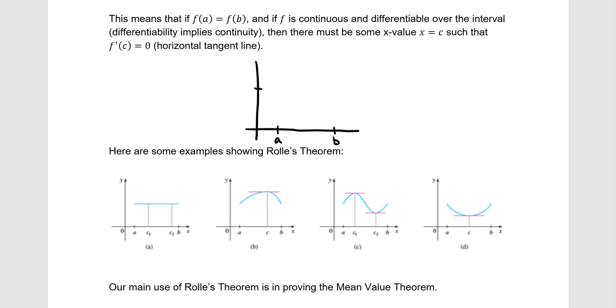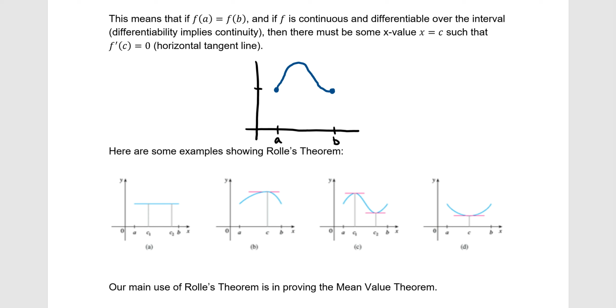Let's say both of their y-coordinates are right here. On this closed interval, I filled in the circles on the ends for the endpoints, it's continuous and differentiable. So there's no cusp here, and it's continuous. We can draw it without picking up our pencil. It could look something like this.